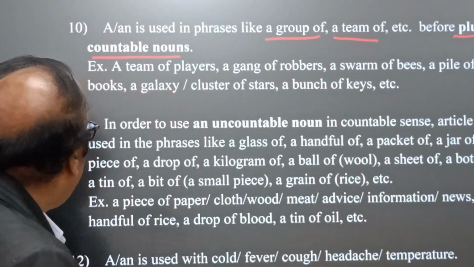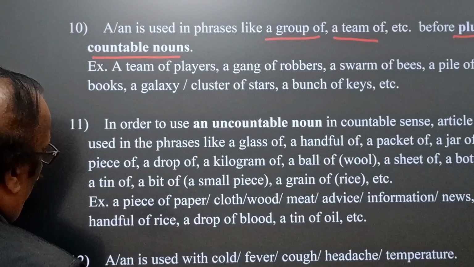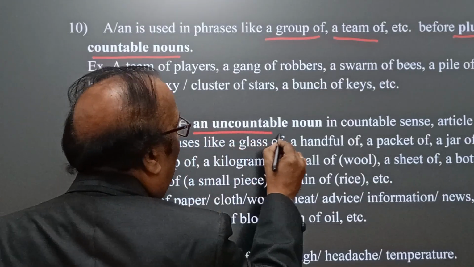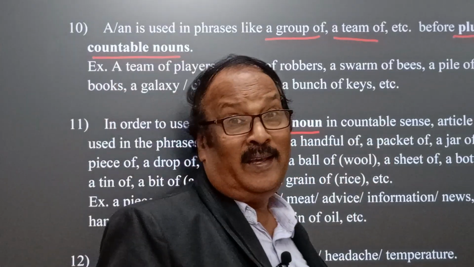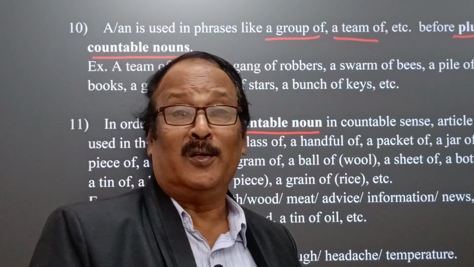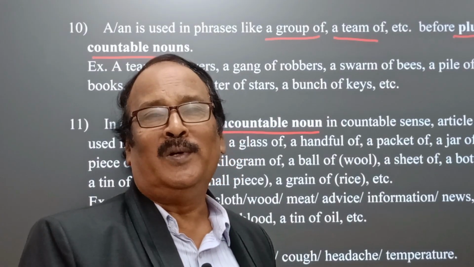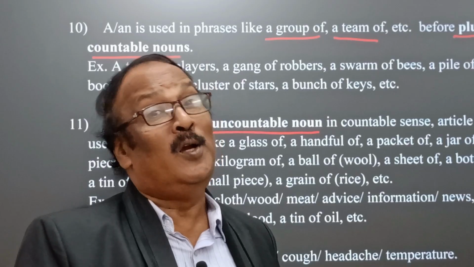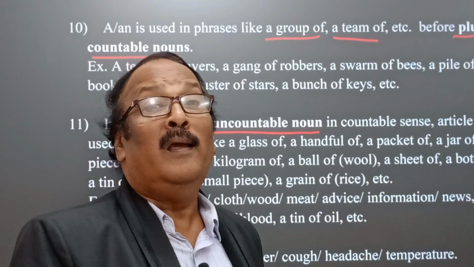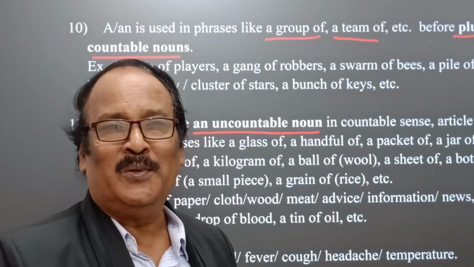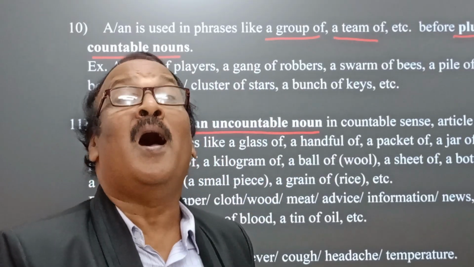Now come to the next idea: in order to use an uncountable noun in a countable sense. You see, dear students, before an uncountable noun we cannot use "a" or "an". But in order to indicate an uncountable noun in a countable sense, we can use "a" or "an". How?